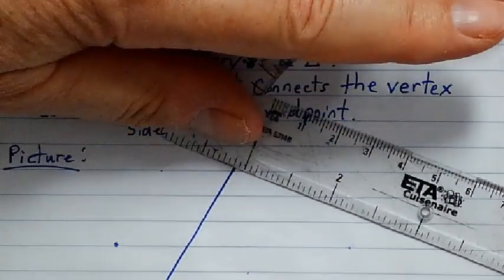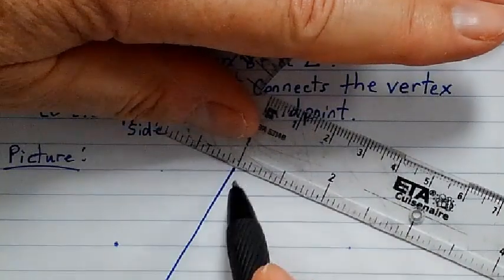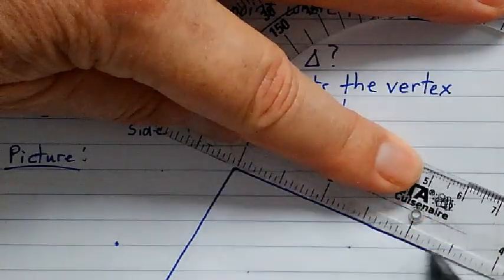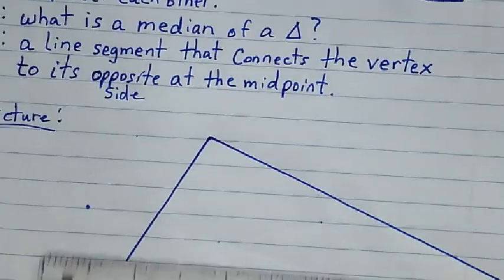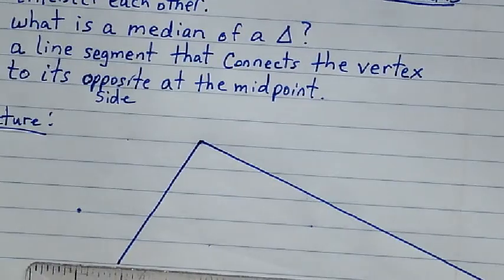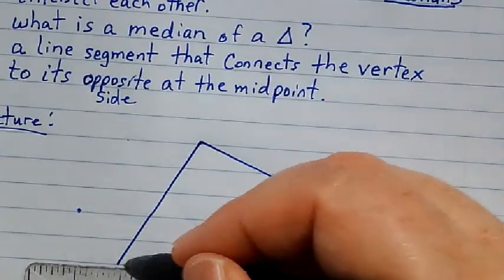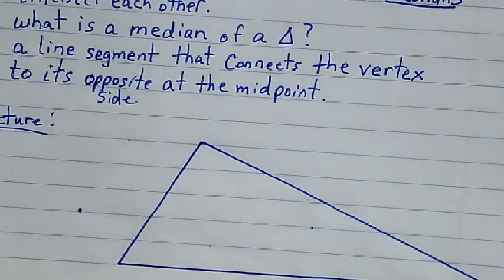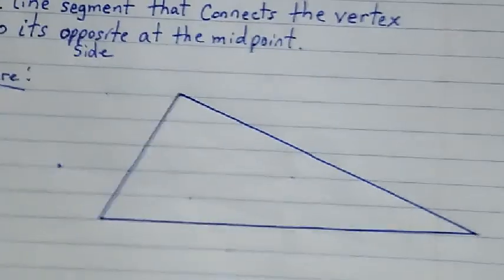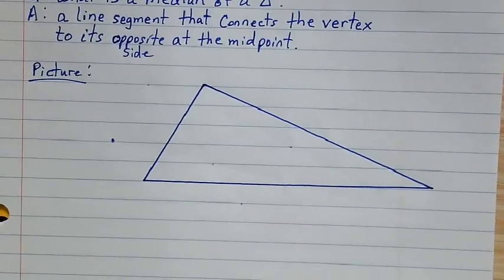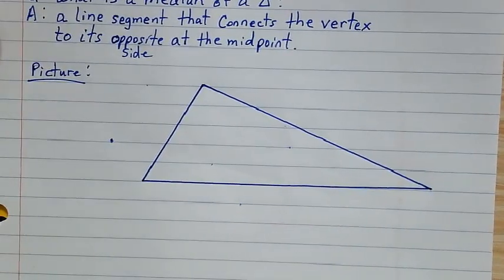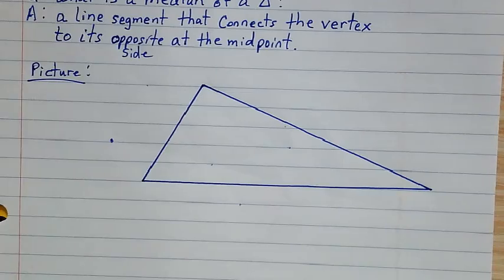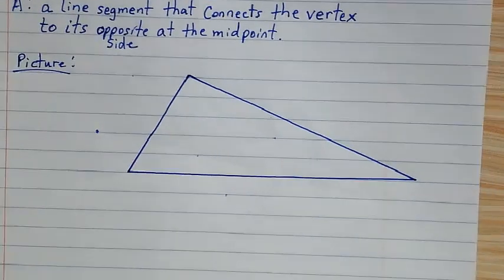I'll make another side. And then the third side. Okay, so there's a triangle. So draw a triangle, any old triangle you want. Doesn't have to be perfect, like me, because we all know I'm perfect. Not.